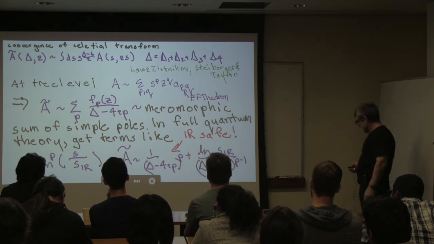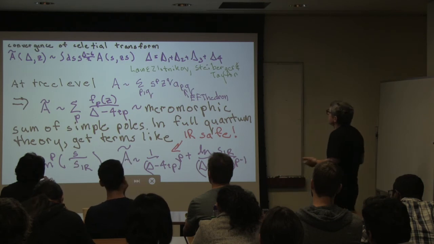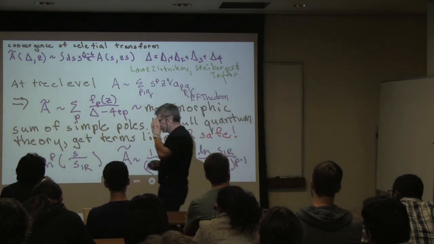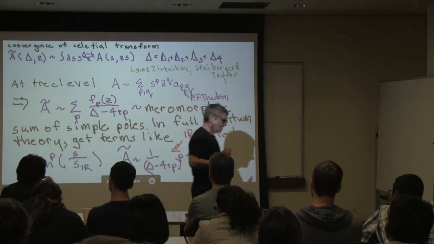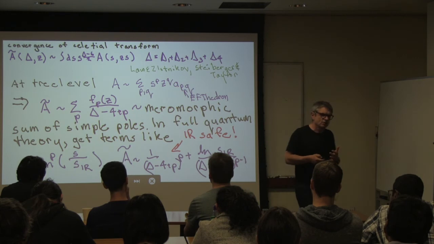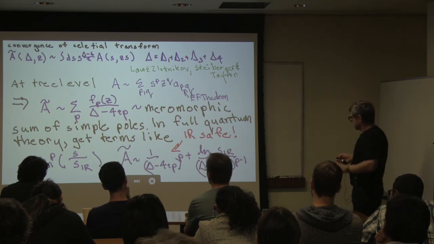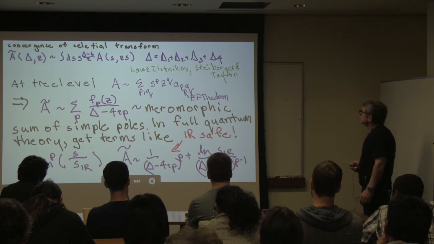The kind of question we're asking is what kinds of singularities? There's lots of discussion about singularities, the structure of the S matrix in momentum space, and what kinds of things could we expect for the celestial 4-point amplitude.